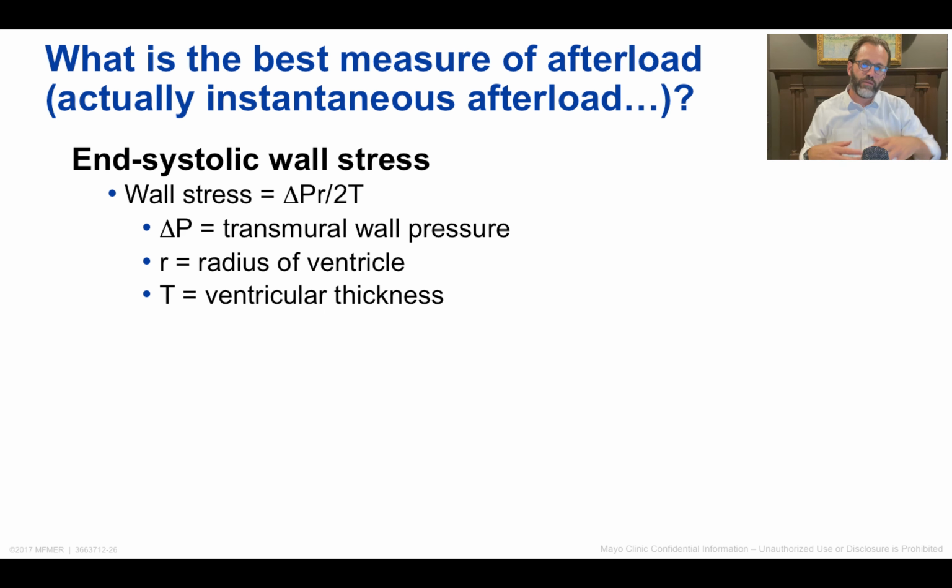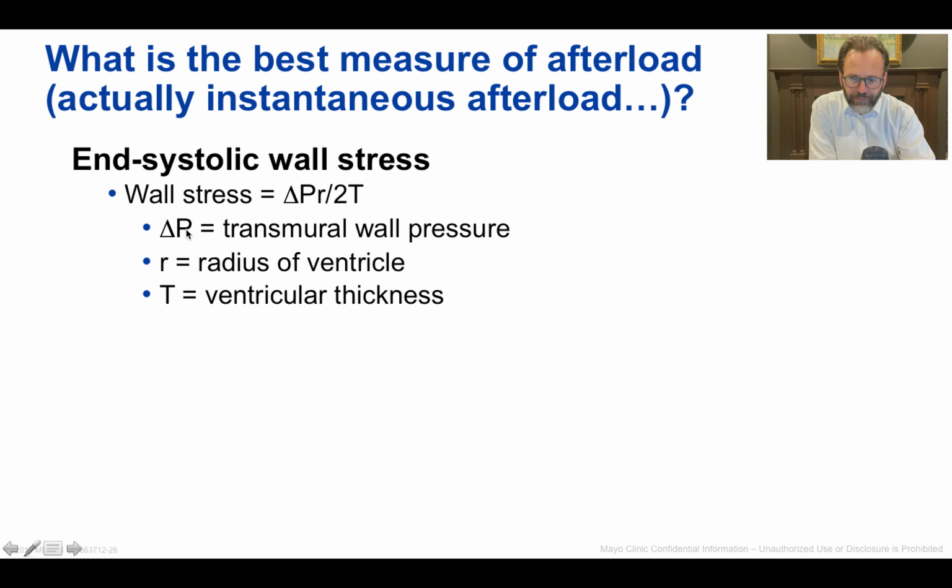So instead of being at end diastole, we will now estimate afterload as being at end systole, right at that period of time prior to the dissipation of tension during the phase of end systole, so the isovolumic relaxation, immediately prior to that, not when pressure is decreasing, but as soon as the aortic valve closes.